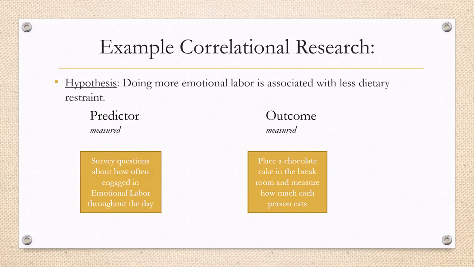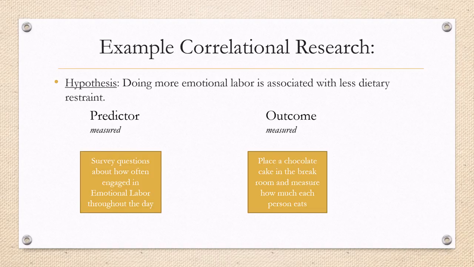So we may give them the survey at the end of a workday. And our outcome may still be looking at how much of a chocolate cake the employee ate during the day. In this case, we still put the chocolate cake there. So in a sense, it looks like we had an impact, but we just set up a situation in order to observe it.